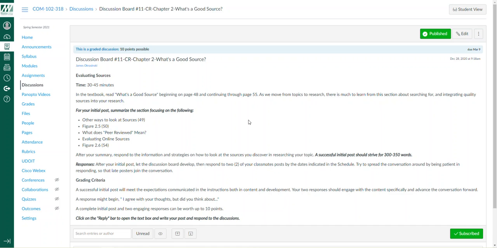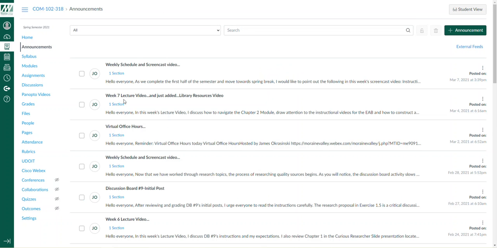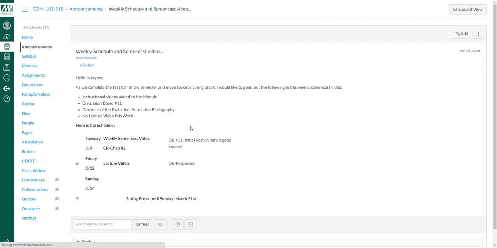So once again, I'm looking for some summary of some important sections in the textbook in chapter 2, and then I want you to respond to the information and strategies and how to look at sources you discover in researching your topic. So this is an important discussion board post. This is how you really sit down and evaluate sources. Right? The importance of having a good eye and determining which sources are credible.